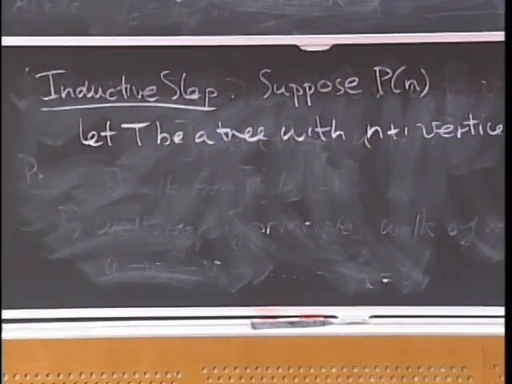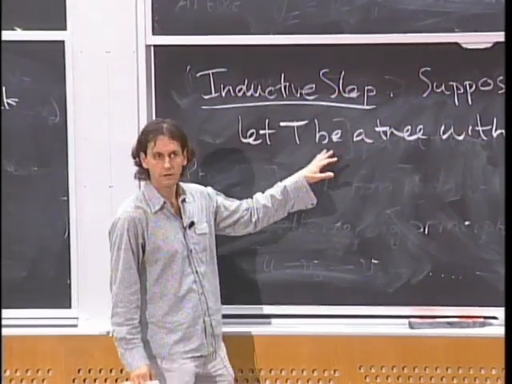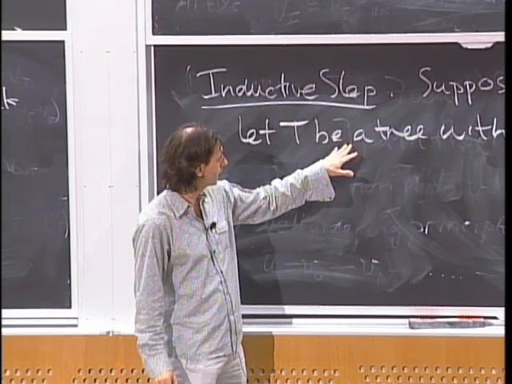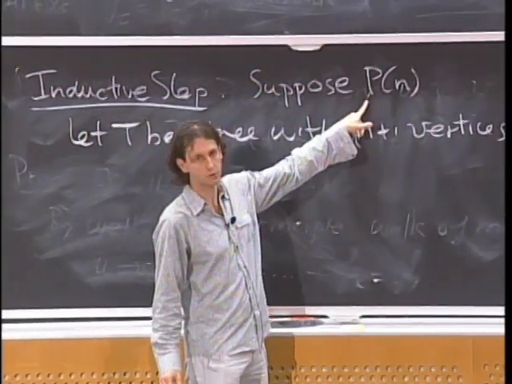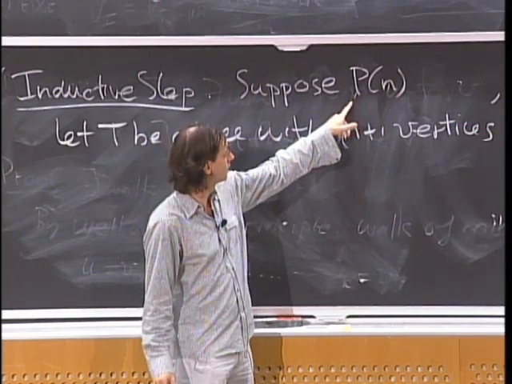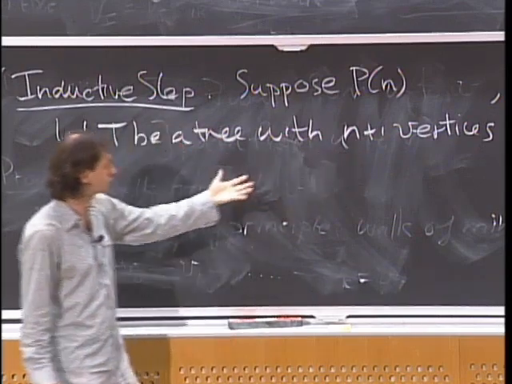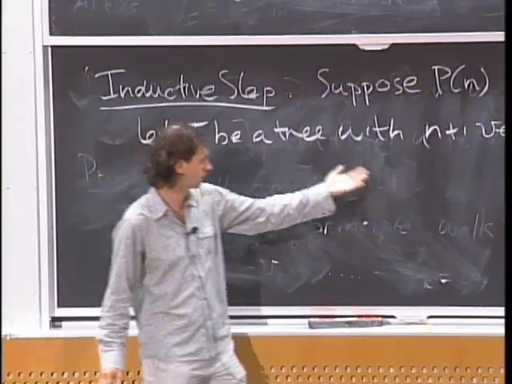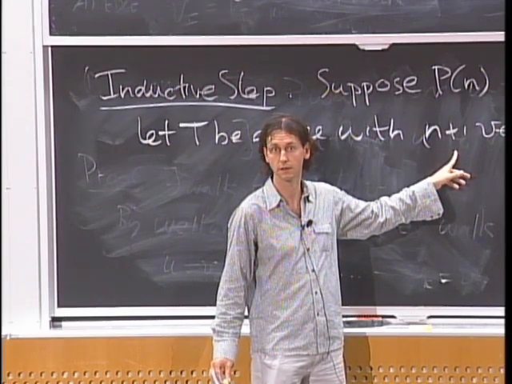So how can we use the induction hypothesis here? So do you have any ideas over here? So I have a tree with n plus 1 vertices. And if I want to be able to use this induction hypothesis, then I can only apply it on trees that have n vertices. So somehow I have to delete one vertex, right?